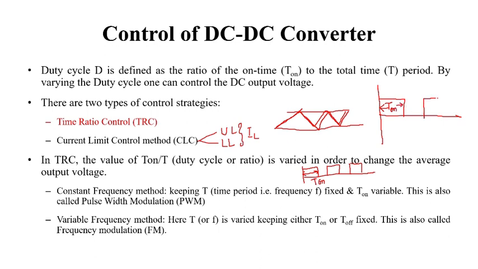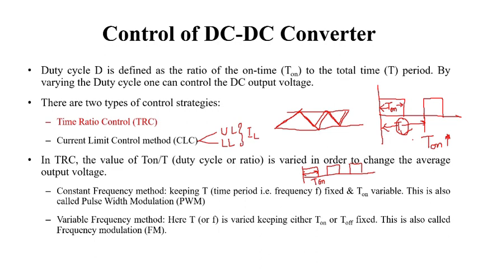This is the next pulse. So this is your T, and our T is fixed. I am varying the pulse width, that means I am varying the T on. By varying the T on, the width of the pulse is varied. That's why this constant frequency method is also called pulse width modulation.